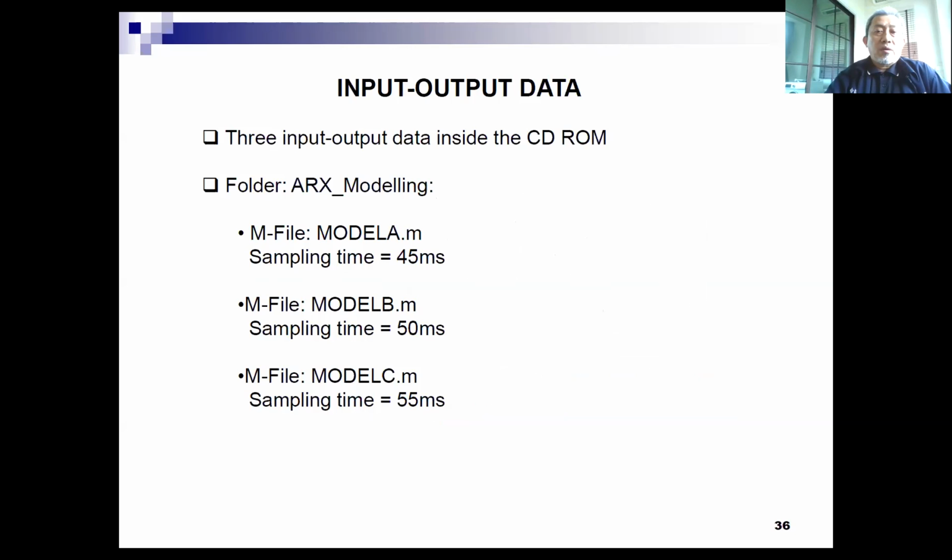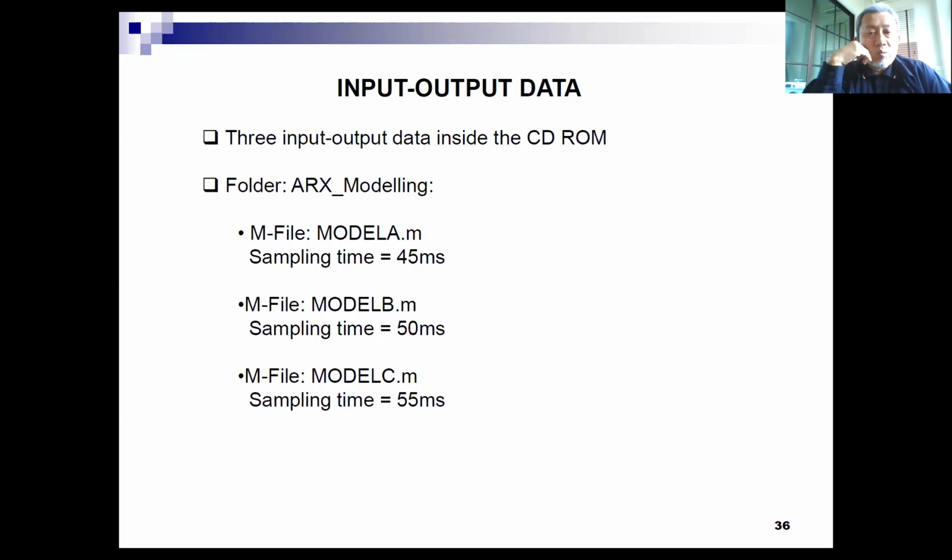So we have three types of data, modelA.m, modelB.m, and modelC.m. These data have three different sampling times: 45 millisecond, 50 millisecond, and 55 millisecond.